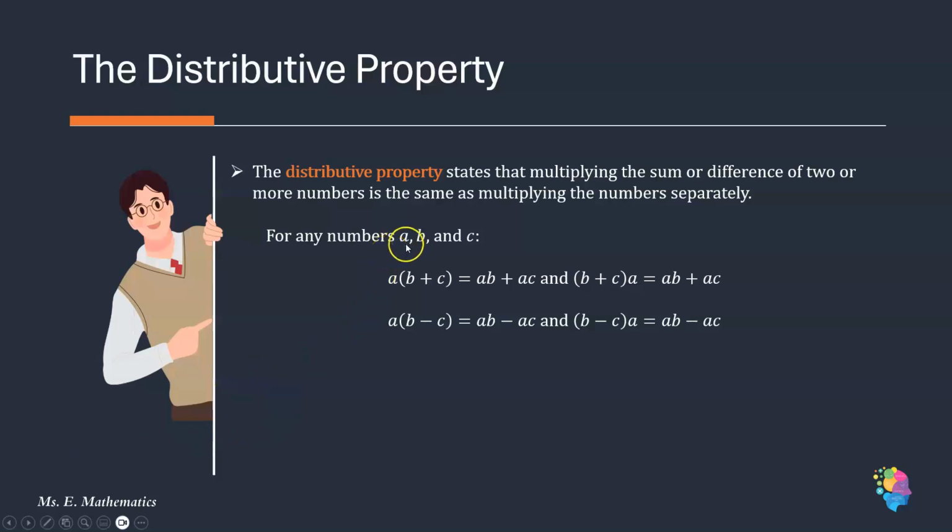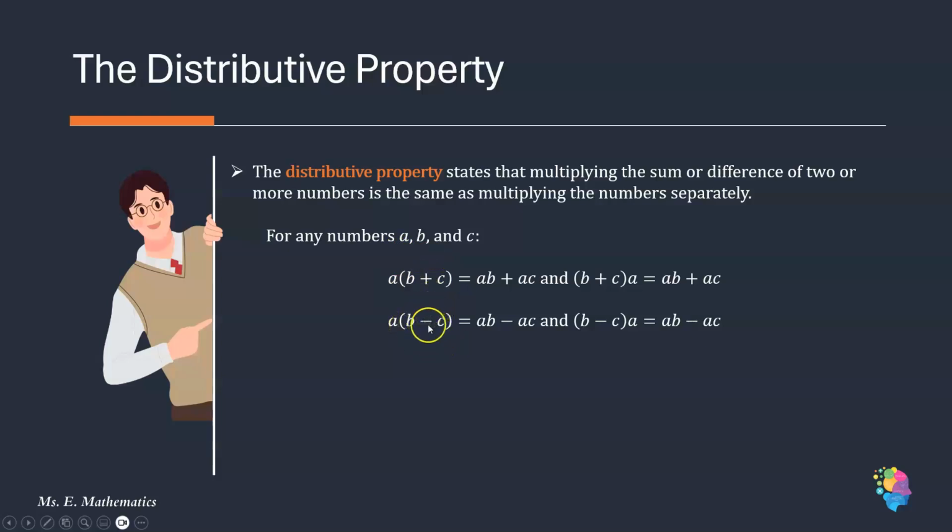It says that if you have the numbers A, B, and C, and you have A times the sum, is the same as adding their products separately. What that means is that this value outside the parentheses is going to distribute and multiply B and C. So the product distributes over the sum.